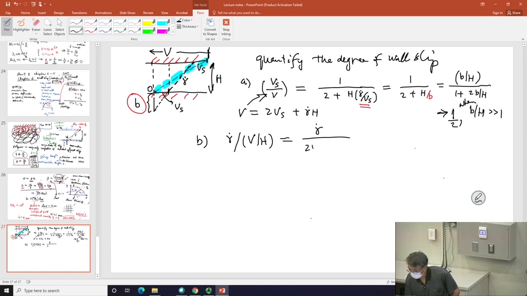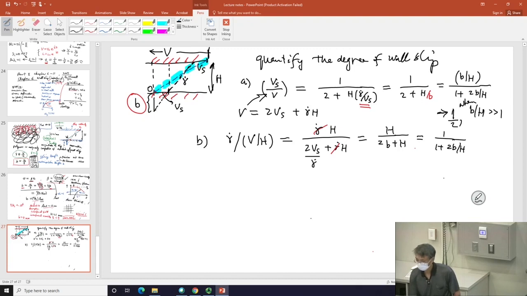Just plug in the formula. You have Vs, you have gamma dot over H. You divide the gamma dot on both sides. And you find that's nothing but 1 over 2B plus H. Of course, I forgot to write H here, because this is dimensionless. So, you get that.